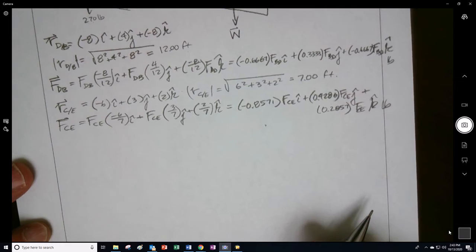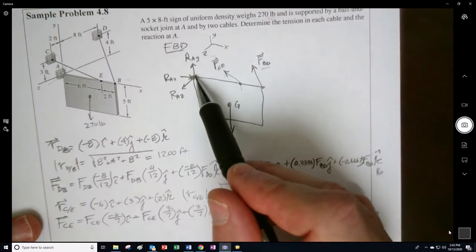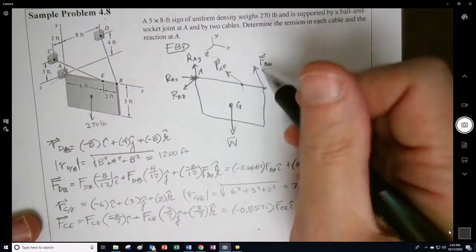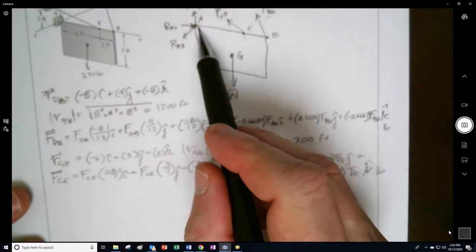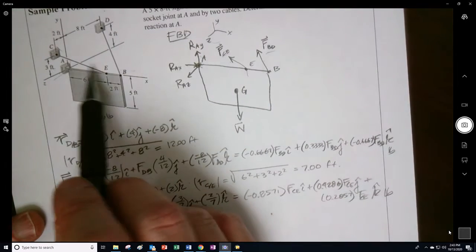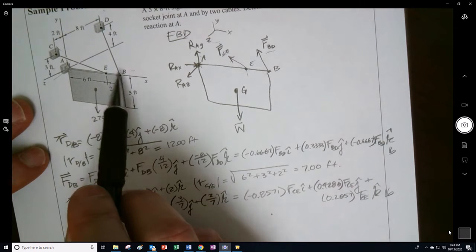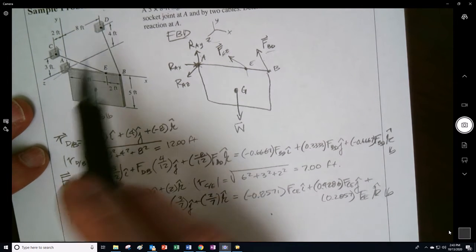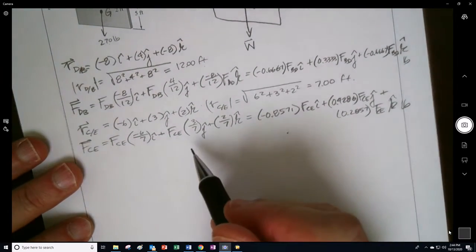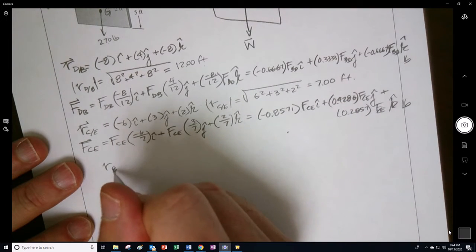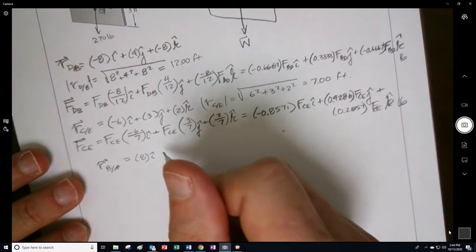Now, what else do I want to do? I'm going to take the sum of the moments about A, right here. That's A, and this is E, and this is B. When I take the moments and the cross products, I'm going to need E with respect to A, B with respect to A, and G with respect to A. Our B with respect to A is simply 8 times i.